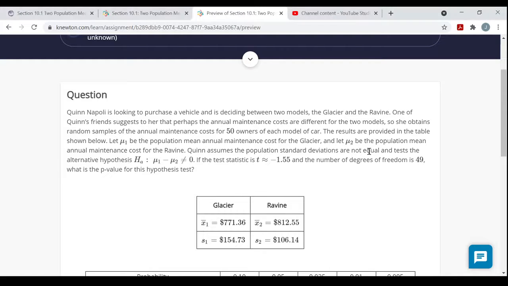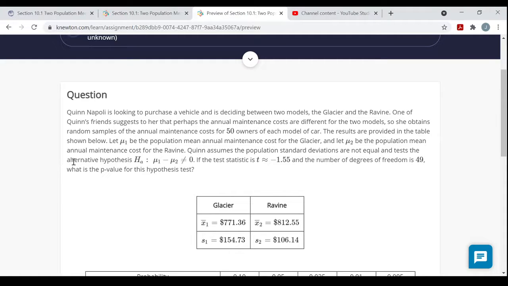Right, so this assumption that the population standard deviations are not equal means it's a non-pooled t-test, right? And the number of degrees of freedom of the t-distribution would be the smaller sample size minus 1. So they're both 50 though, so 50 minus 1. And you see how they're saying here the degrees of freedom is 49. So we don't need to do all that, they already gave us all this.